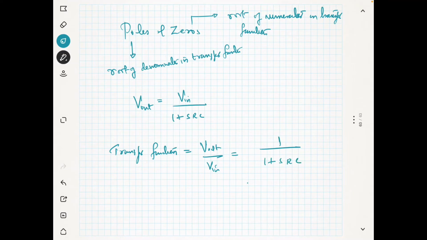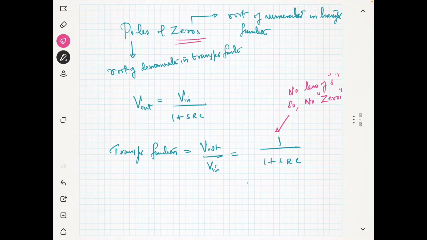Then the number of zeros: there are no terms of S in the numerator, so no zeros. I am talking about these zeros, not our normal zero. There are no zeros in the transfer function.